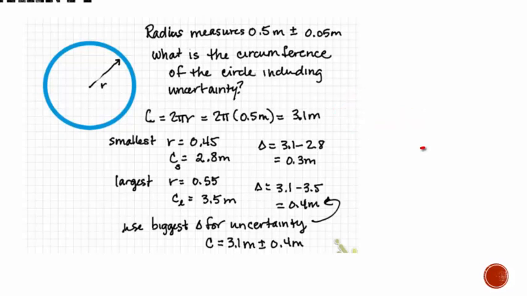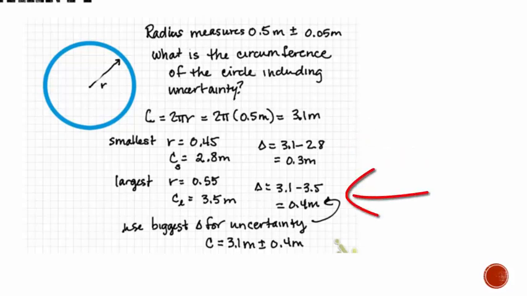And then to find the uncertainty, you have to find what that range is around 3.1 meters. So you go back in and do the calculation with the smallest possible radius and find the difference between the smallest radius circumference and the measured circumference. You do the same thing with the largest radius.